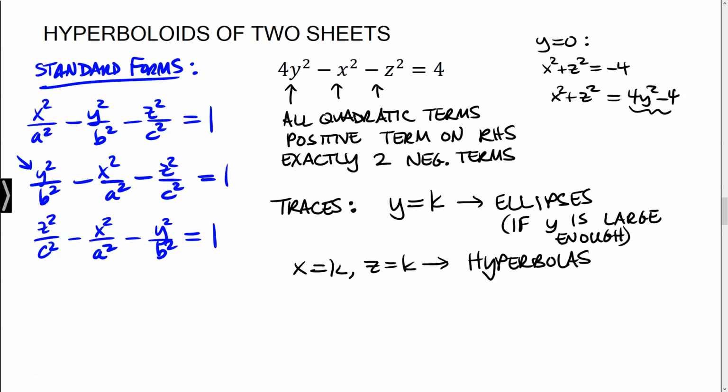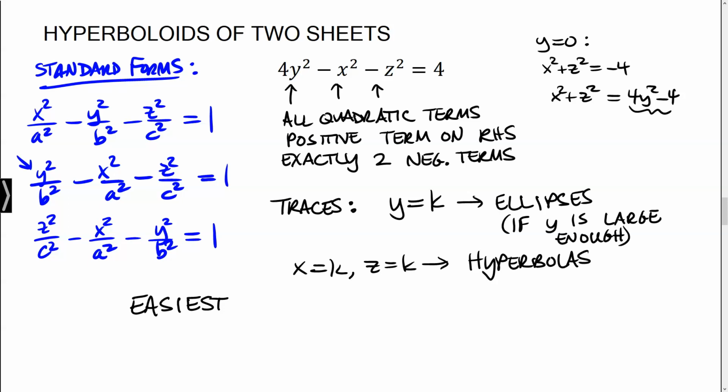The easiest way to graph this, again, is to direct it along one of these axes, and with these hyperboloids, you want to think about directing it along the axis that's the oddball. So before, we had two positive terms and a negative one, and we ended up directing it along the axis corresponding to the negative coefficient. So here we're going to direct the traces along the axis corresponding to the positive coefficient.